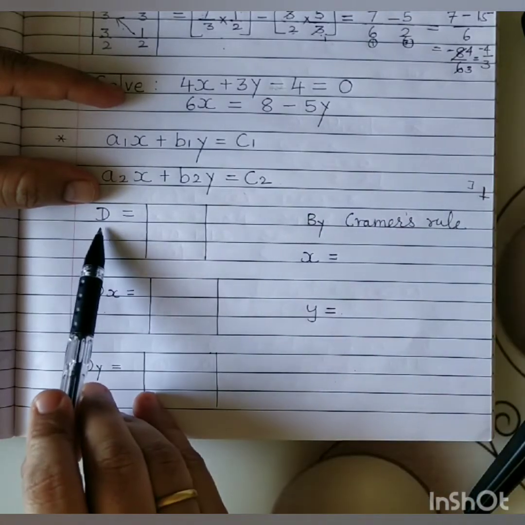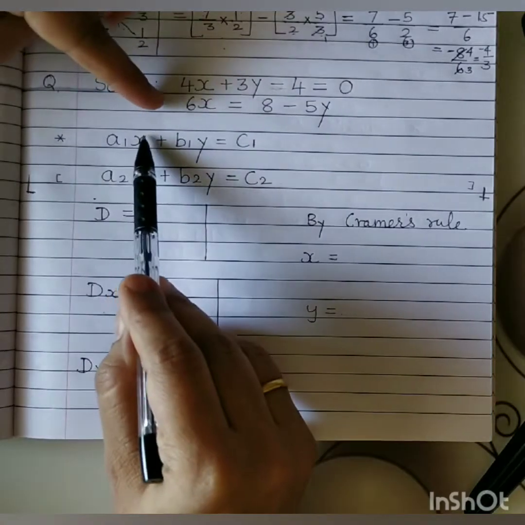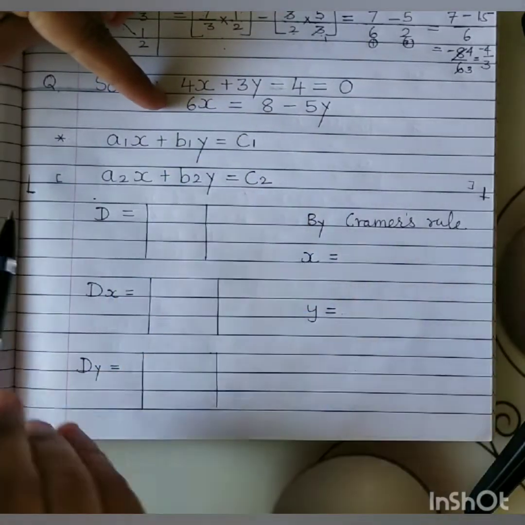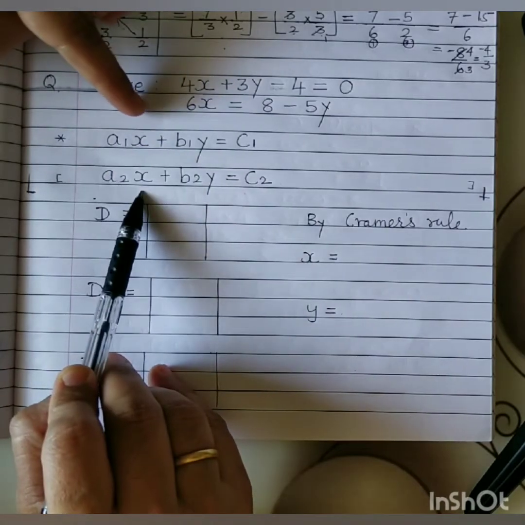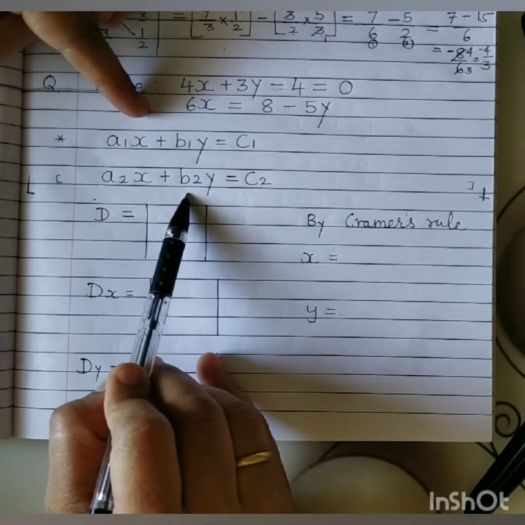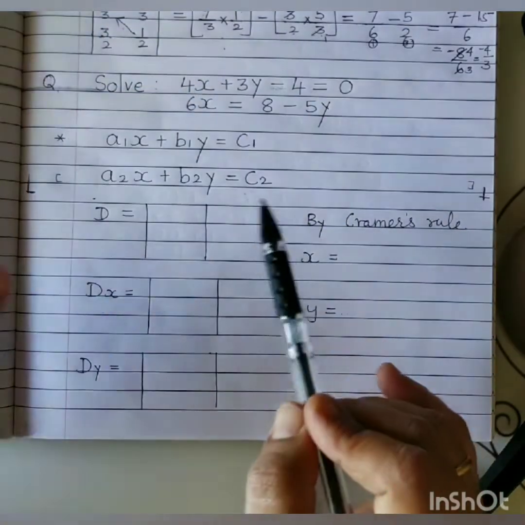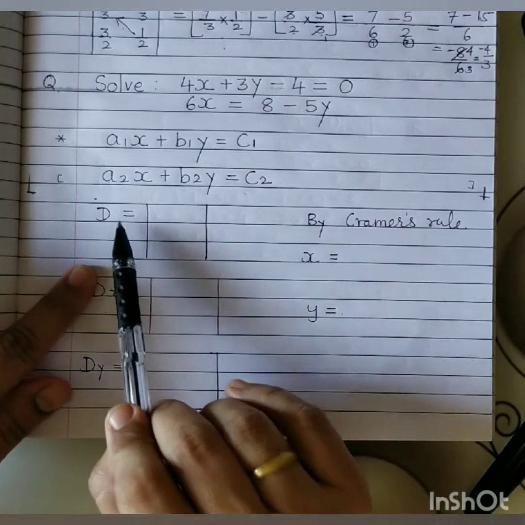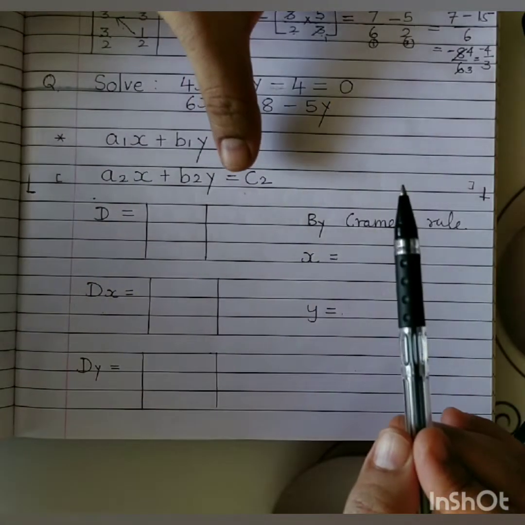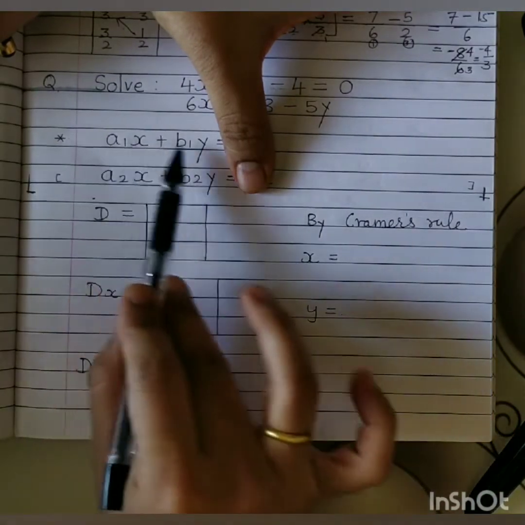The first determinant we are going to find is D. Look at this now. When you write one below the other, A1 and A2 is the column for the coefficients of x, B1, B2 the coefficients of y in the two equations, and C1, C2 are constants. So for D, I will just make it very easy for you. For D, you just ignore the constant terms C1, C2 and pick up these two columns.